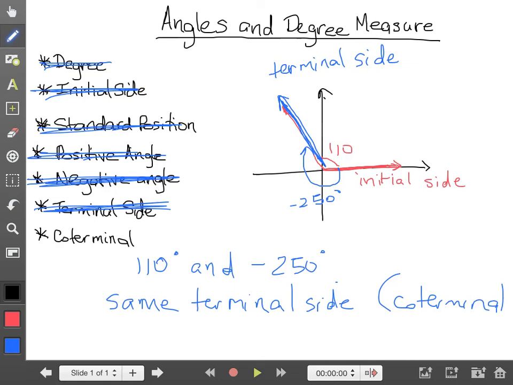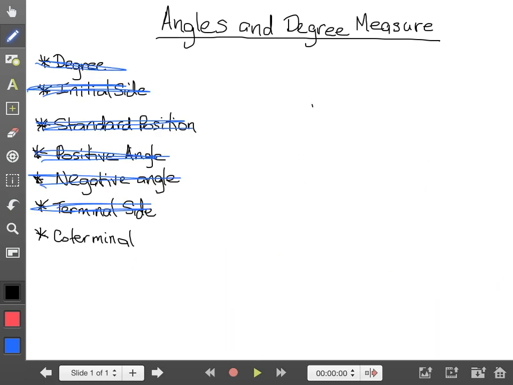But a lot of things are coterminal with 110 degrees, not just negative 250 degrees. So let's look at it on the other page where we have some space. So we already know that 110 degrees, which is like here, is coterminal with negative 250 degrees. But what else is it coterminal with?